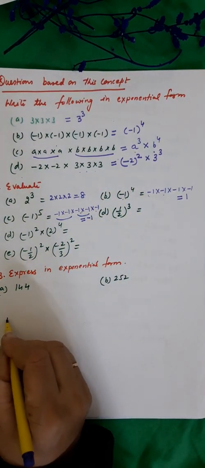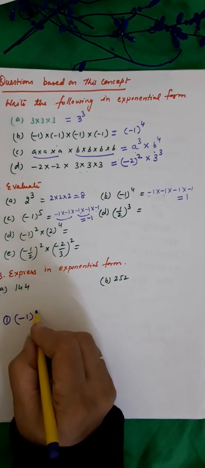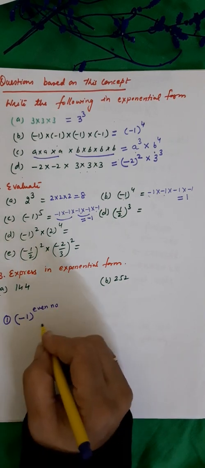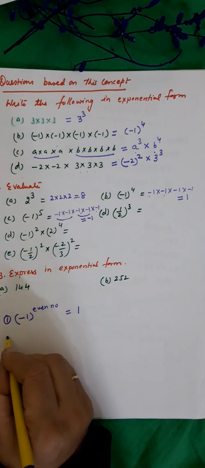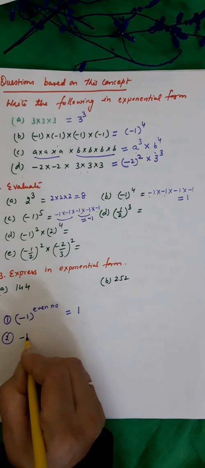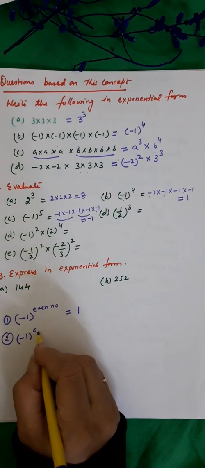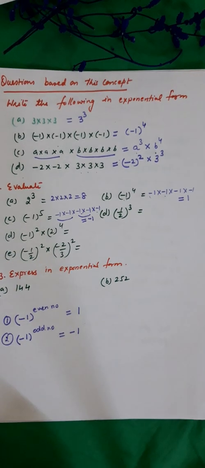First, I have learned that minus 1 raised to an even number power, the answer is going to be 1. And secondly, you have learned minus 1 raised to an odd number power, then the answer is going to be minus 1.